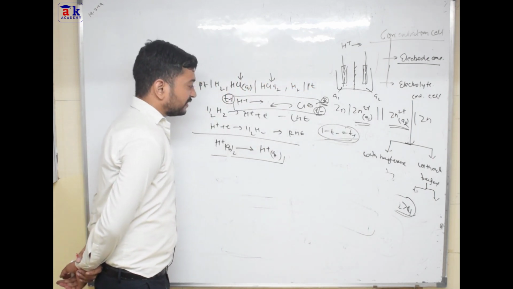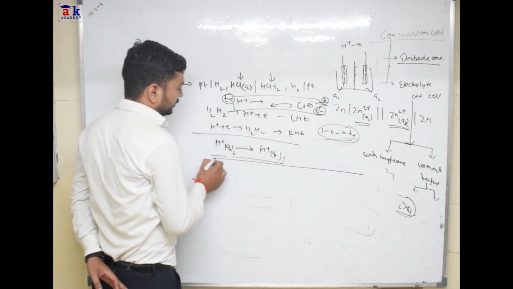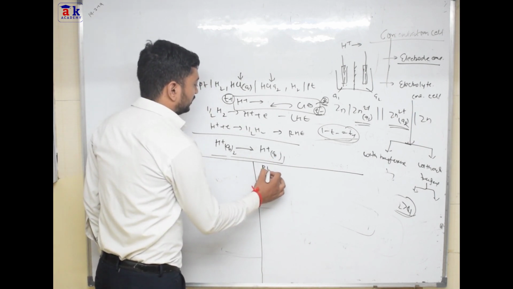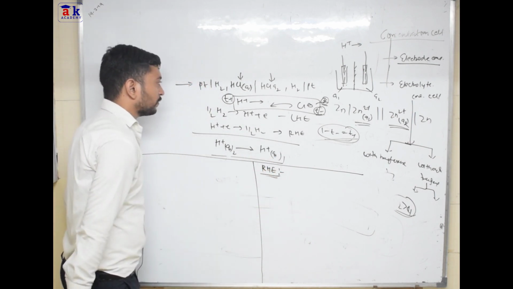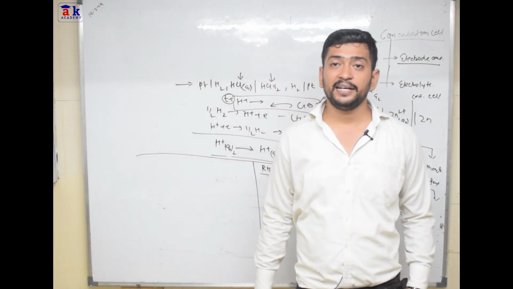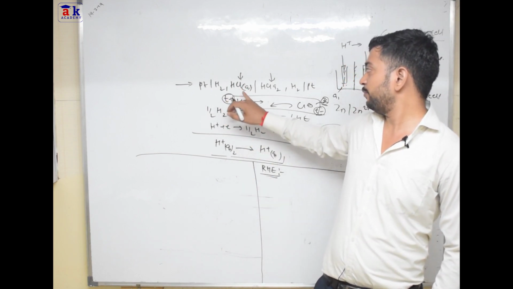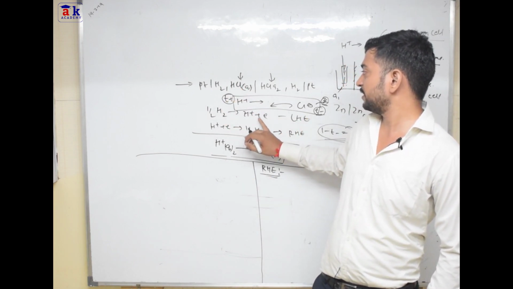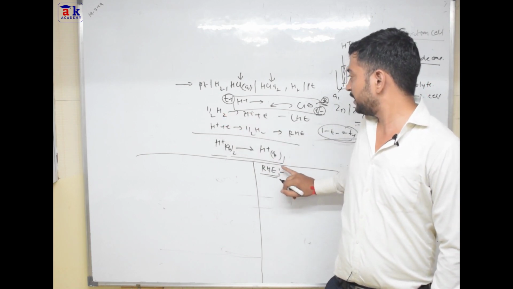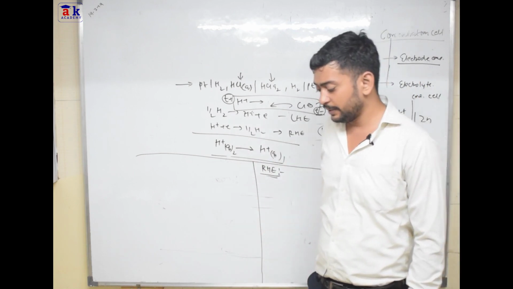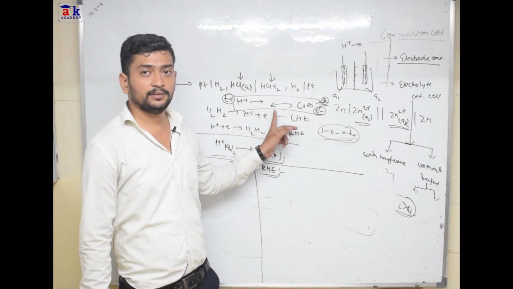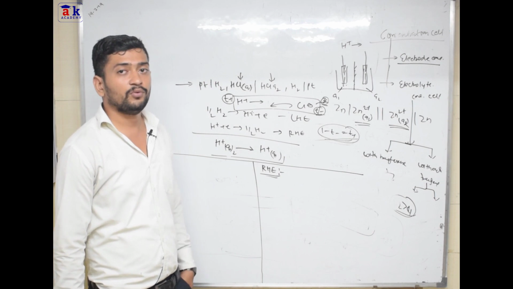Please see, on the right hand electrode, what is actually happening? On the right hand electrode, 1 gram equivalent of H plus is getting produced from this equation. But at the same time there is loss of t plus gram equivalent of H plus.